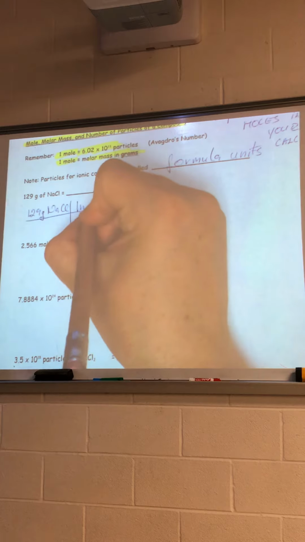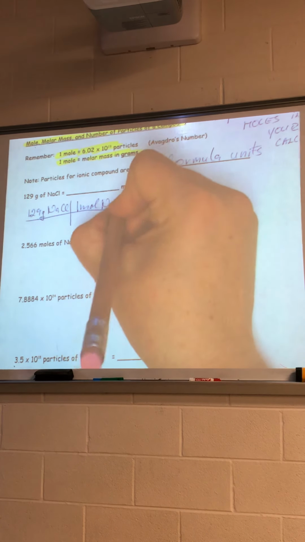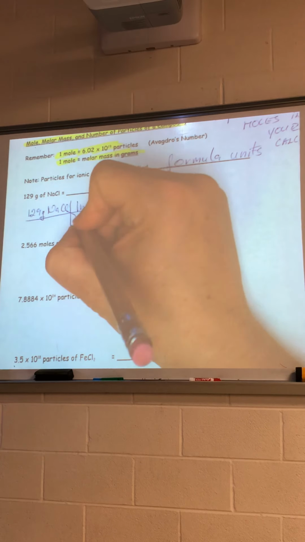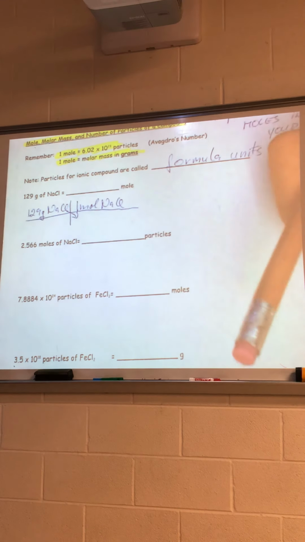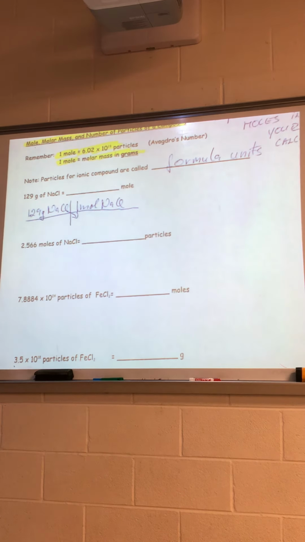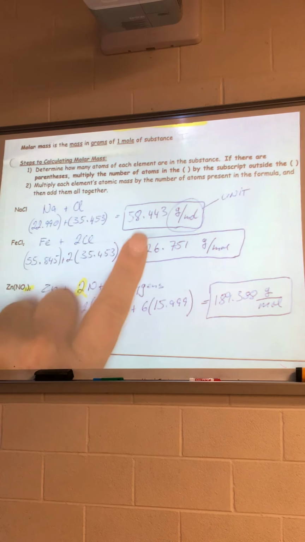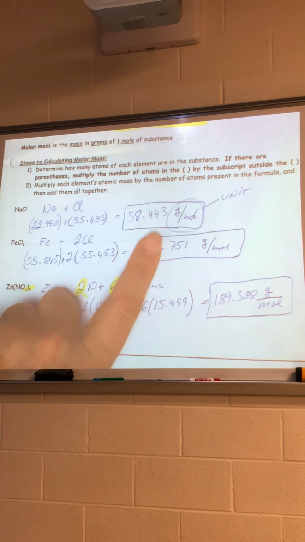1 mole of NaCl, and on the bottom, whatever you have on the top to the left needs to transfer. On your previous calculation, you found that NaCl has a molar mass of 58.443. Is this correct? Yes.